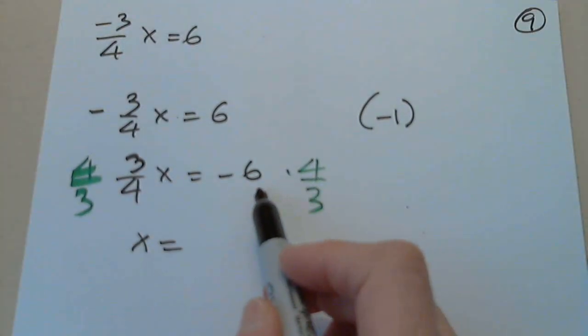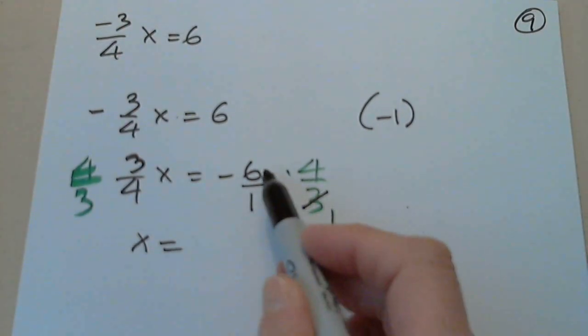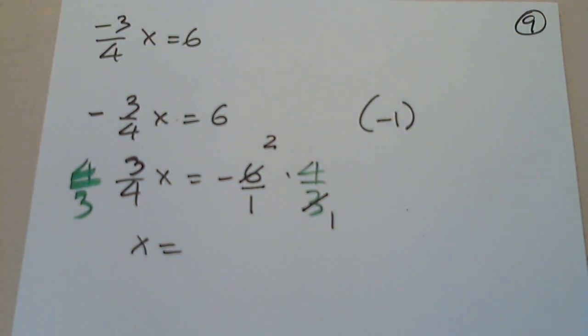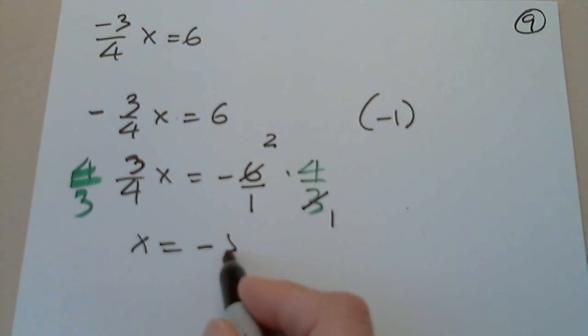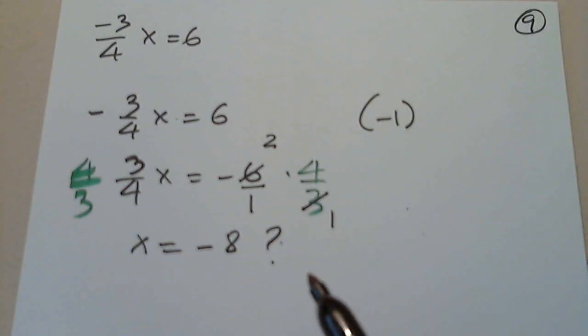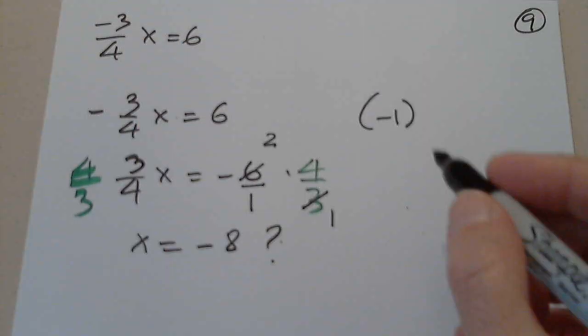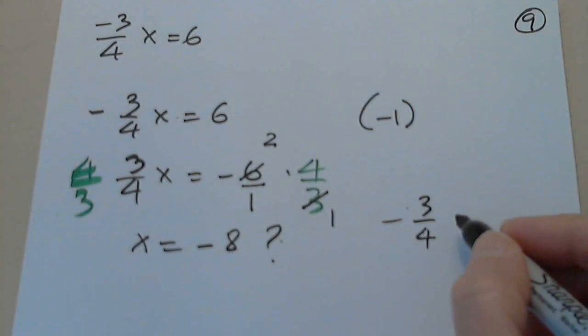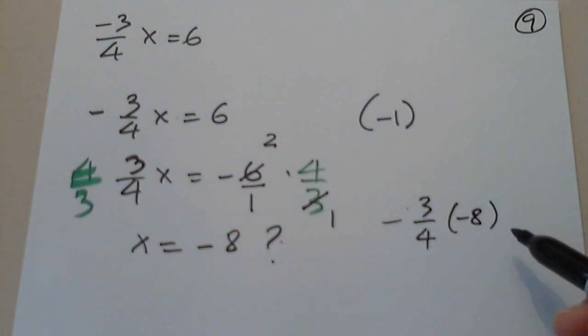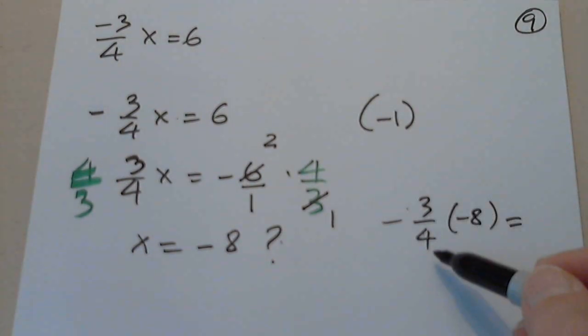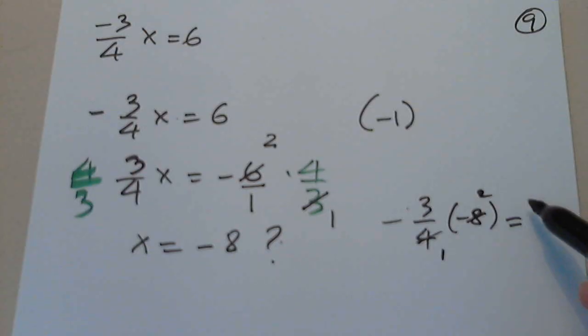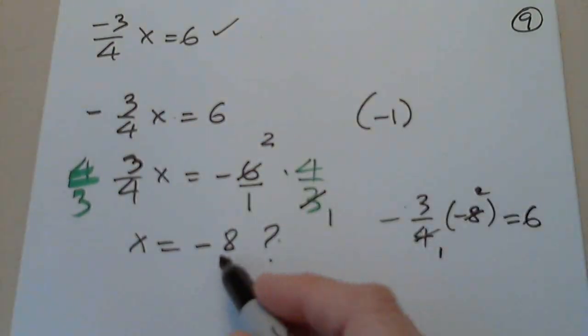Now on this side, you can put 6 over 1 and already simplify by 3. So the answer is -8. Is it true? I have no clue. I'll plug it in. -3 over 4 times -8. The sign is positive, so 3 over 4 times 8, I'll simplify, and I get 6. And then I'll say yes.